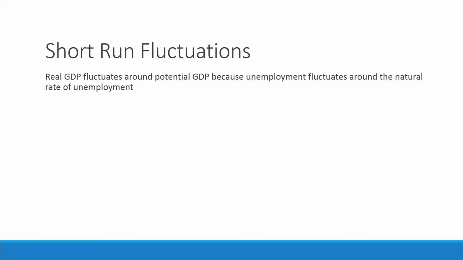So real GDP fluctuates around potential GDP, because unemployment fluctuates around the natural rate of unemployment. So you can basically think of unemployment as a line, and the natural rate is one line, and then unemployment is moving above and below that one line, and we've looked at that already. That occurs because that natural rate is technically full employment within the economy.